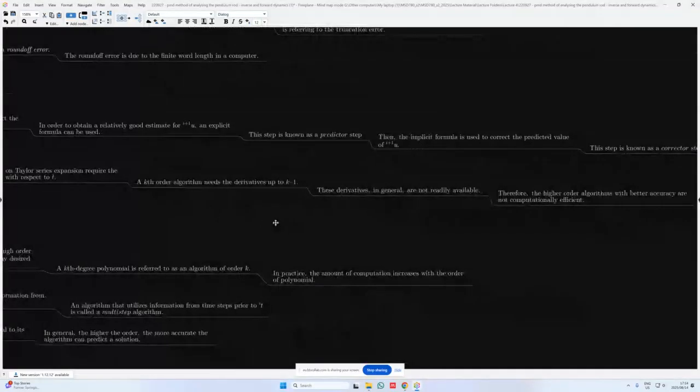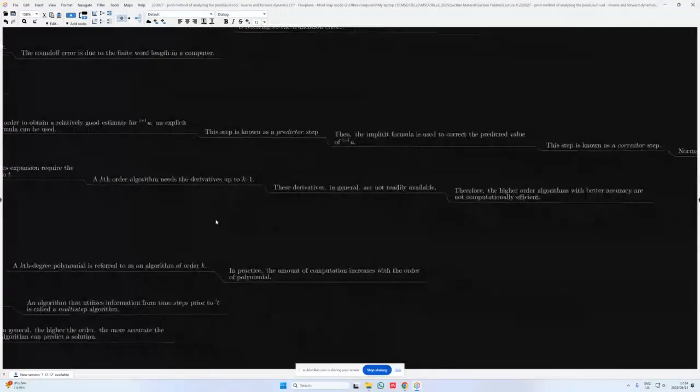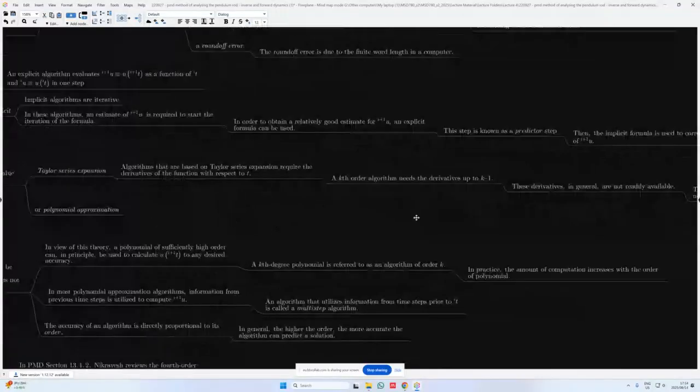These derivatives in general are not readily available, and therefore the higher order algorithms with better accuracy are not computationally efficient. Polynomial approximation is simply setting up an actual polynomial to capture the data that you have available.